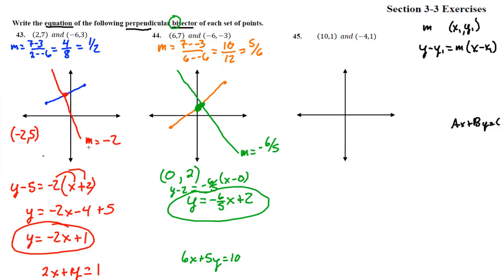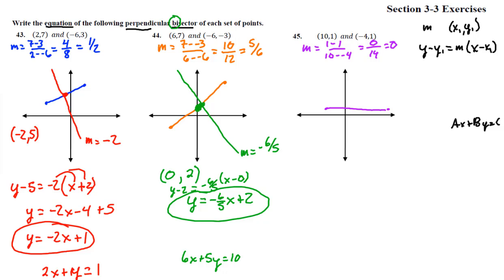Let's find the slope here. 1 minus 1 over 10 minus 4. That's 0 over 14. That's the slope of 0. (10, 1) and (-4, 1). Yeah, that's a horizontal line right there. That's exactly right.